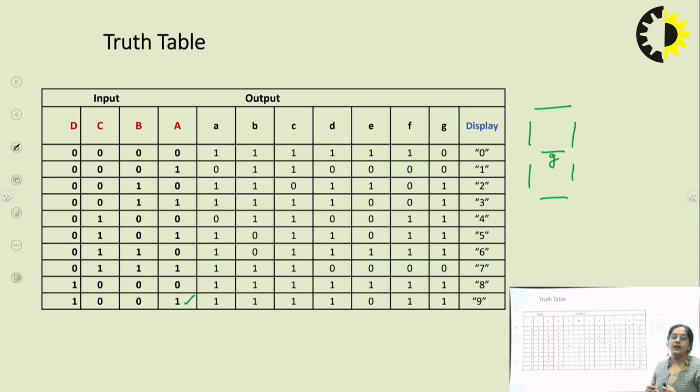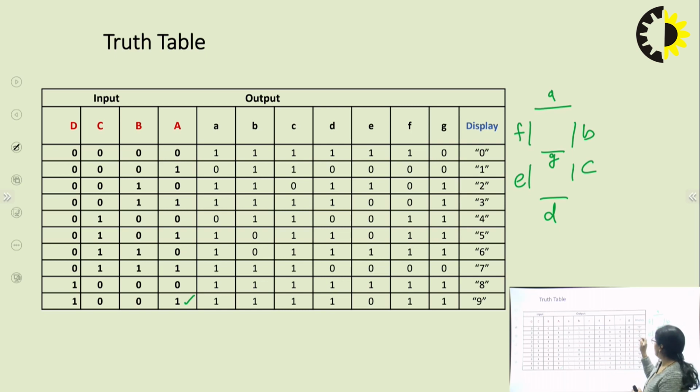G should not be in a glow position, it should be in off position. Rest of the LEDs A, B, C, D, E, F should be on. So for 0, we make A to F as on and G as 0.